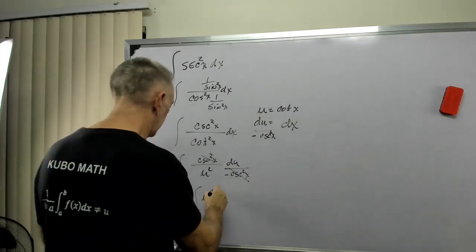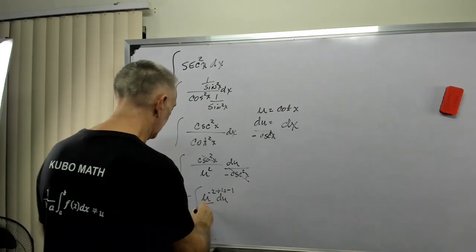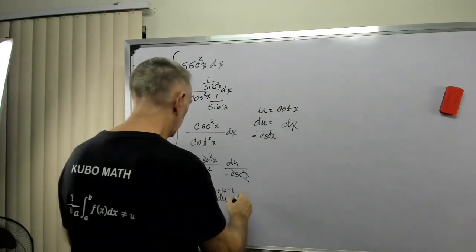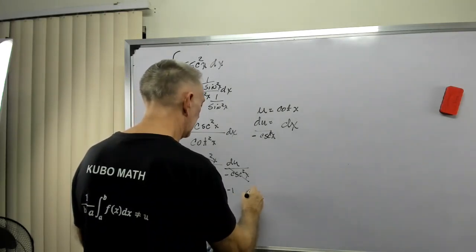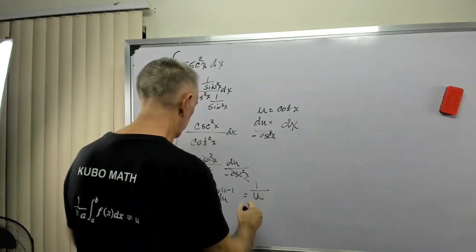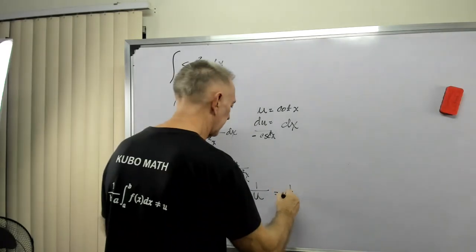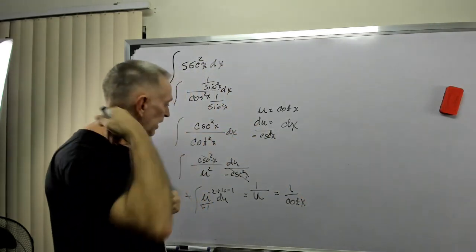All right, we're going to integrate that, so we add 1, which would give me a negative 1 divided by negative 1. These negatives cancel each other, so I end up with u to the negative 1, which is just 1 over u. Okay, and that's what? 1 over cotangent x.